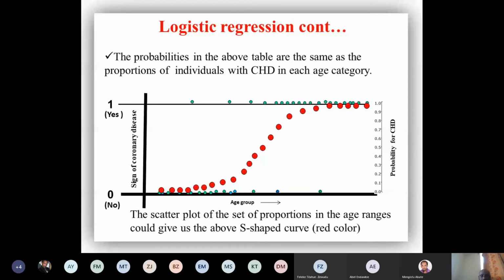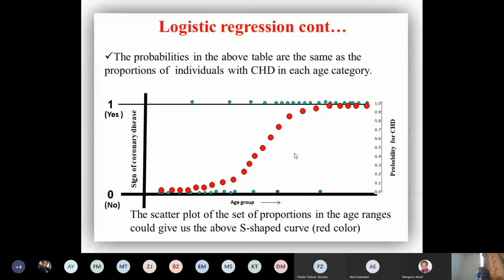Now the x-axis is age group, not single age, from 20 to 29, 30 to 39, 40 to 49, and so on. The probability ranges from 0 up to 1.